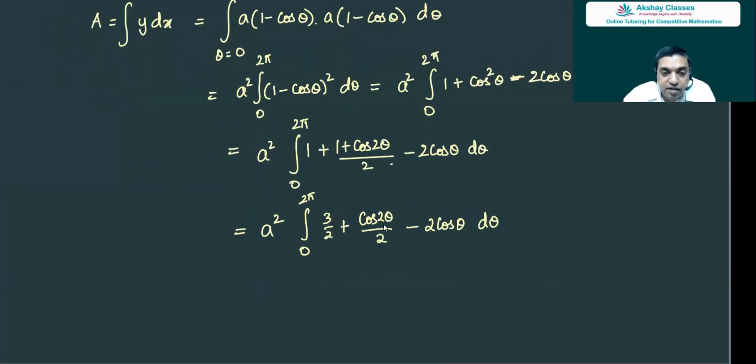Now if theta varies from 0 to 2 pi, 2 theta will vary from 0 to 4 pi. Remember, in an integral, the area above the x-axis and the area below the x-axis will get cancelled. So the next two integrals get cancelled; this one and this one will become 0. You can integrate and substitute, but I'm directly telling you by this.